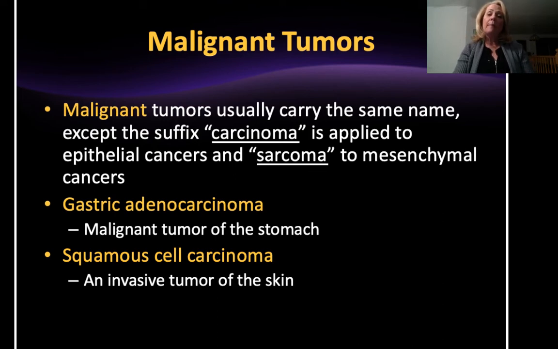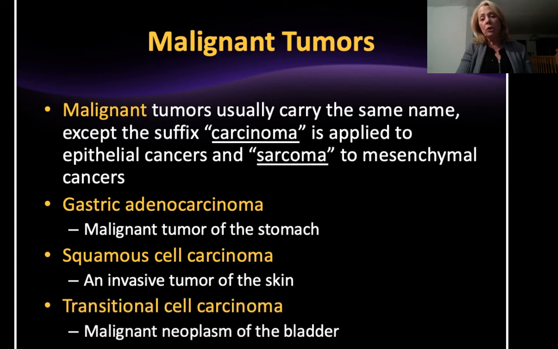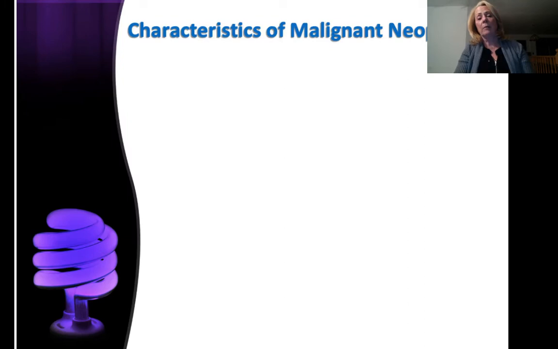And then squamous cell carcinoma, this is an invasive tumor of the skin. Transitional cell carcinoma, this is a malignant tumor of the bladder. So again, usually carries the name of whatever it may be. The tumor carries that name with carcinoma as the suffix with epithelial cancers, and then sarcoma with mesenchymal cancers.